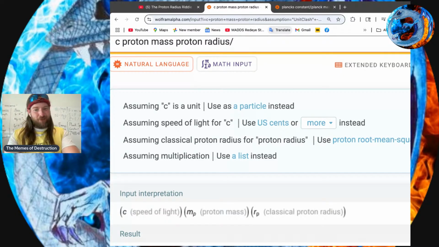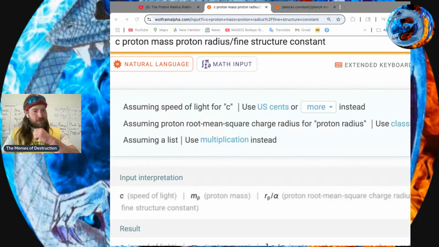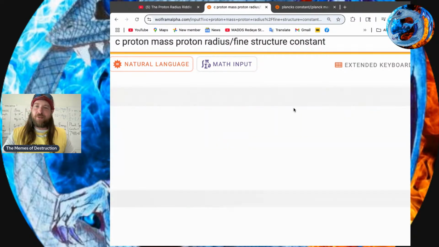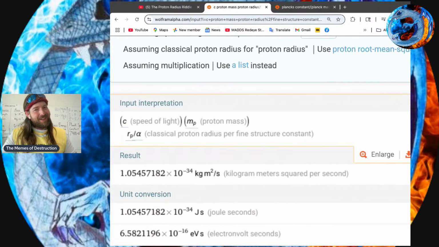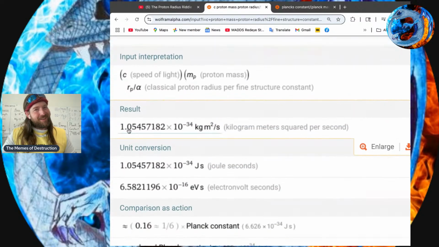So since, again, Wolfram Alpha, the magic of it, just use natural language, type in fine structure constant. All right, and we need multiplication, and we want its classical radius. And lucky, oh, this is 1, 2, 3, 4, 5, 6, 7, 8, 9.